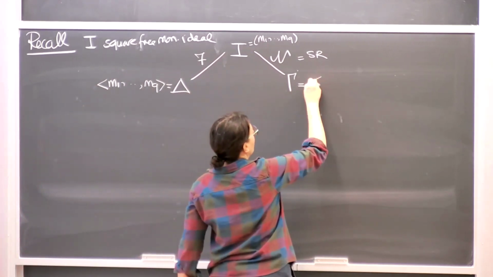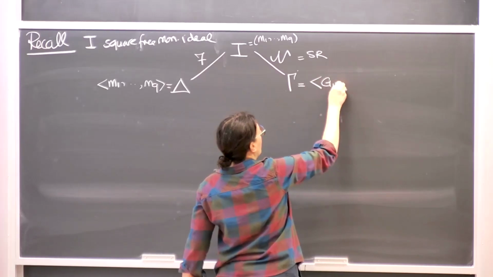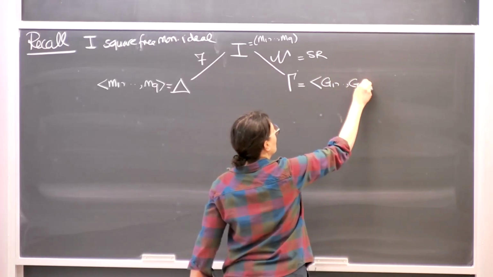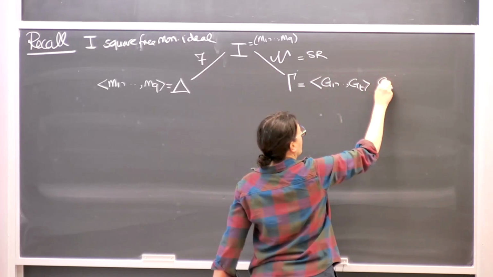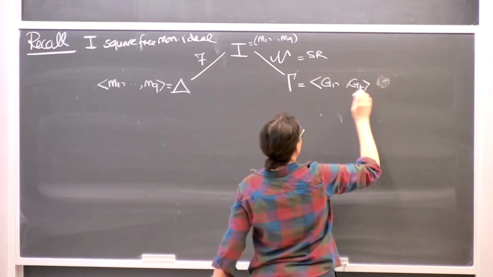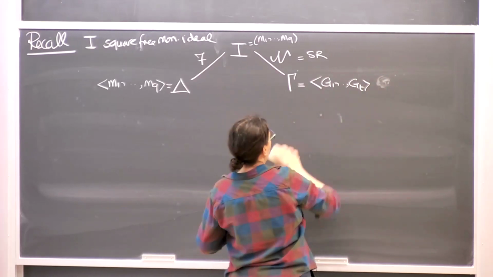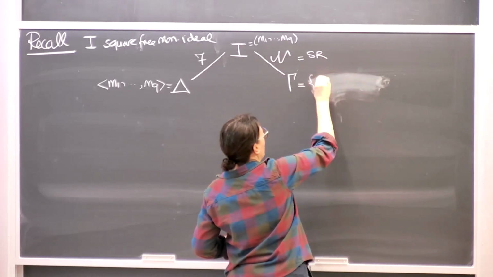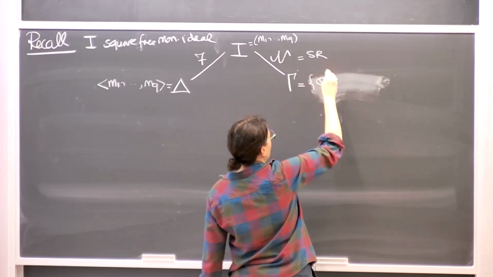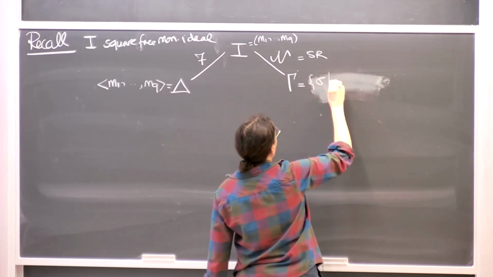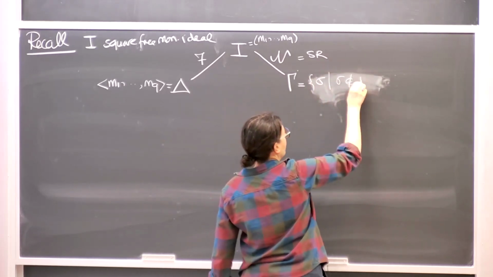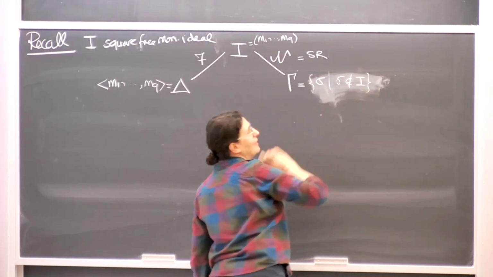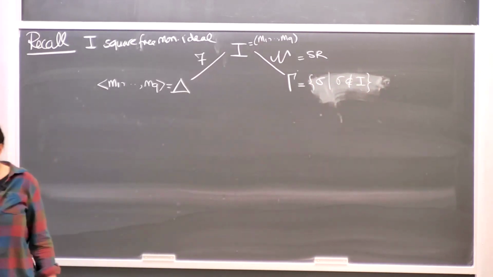And here I have G1 to GT, where basically all the faces, actually, I'll write the definition as a reminder. All the sigma subset of the variables set such that sigma is not in I. These are all the faces. So I'm putting a set notation.